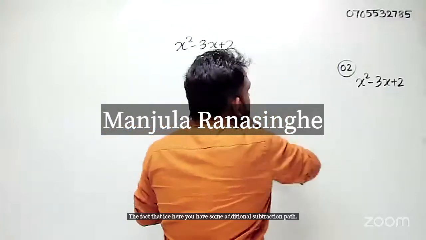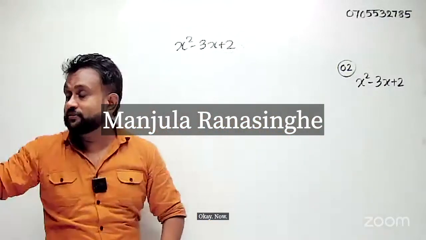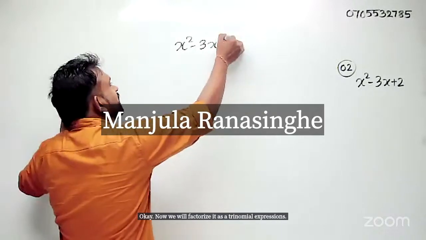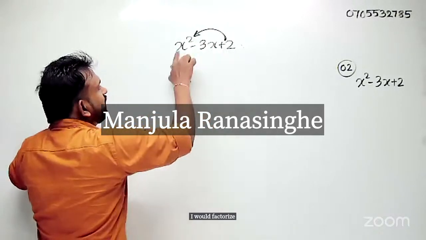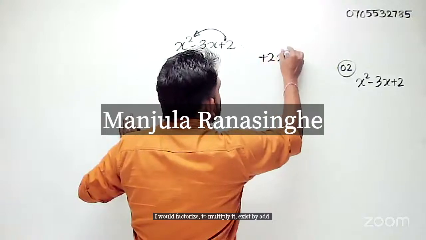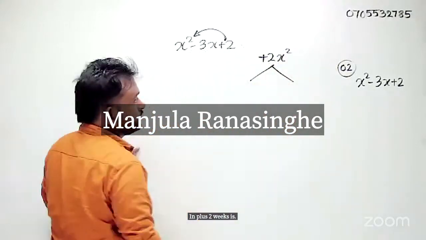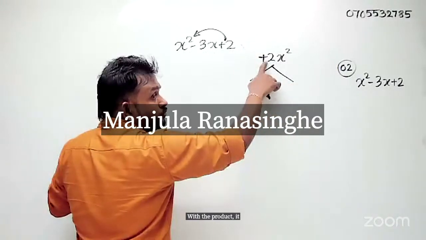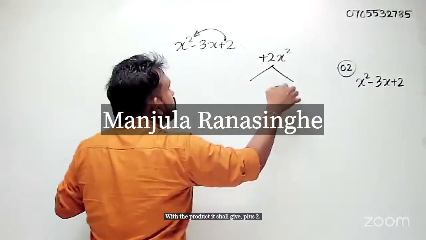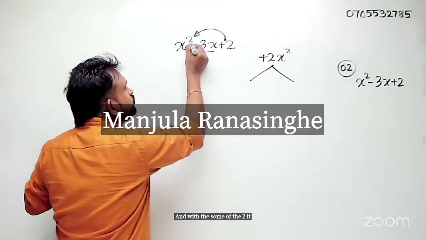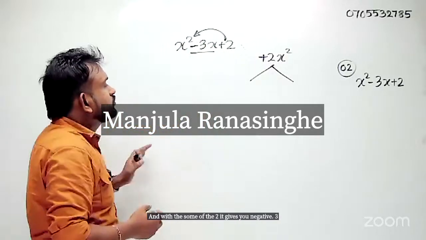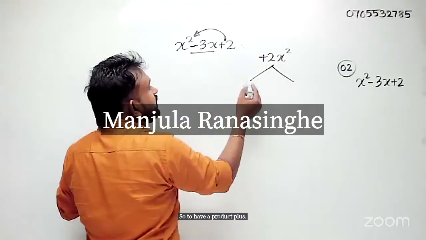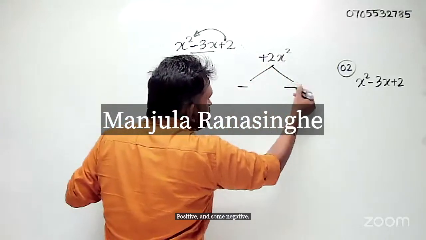Now we will factorize it as a trinomial quadratic expression. How to factorize? The constant is plus 2, multiplied with x squared. We need two numbers whose product is plus 2 and whose sum is negative 3x. To have a positive product and a negative sum, both numbers must be negative.